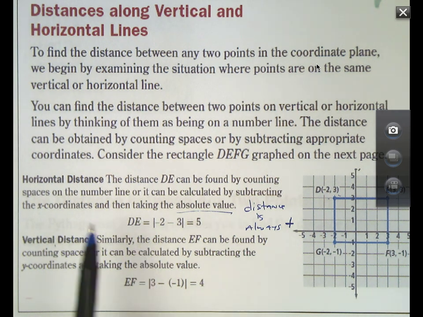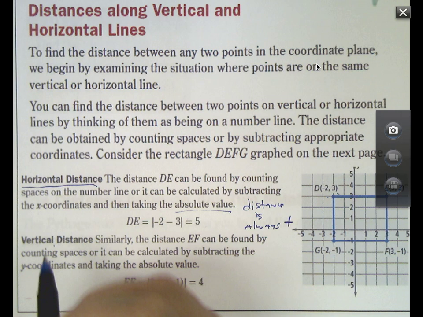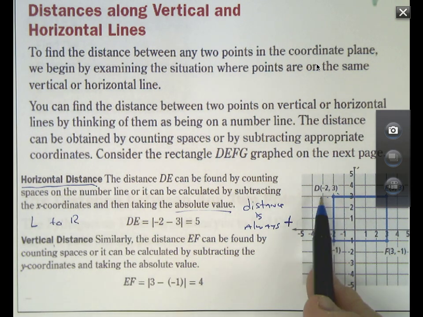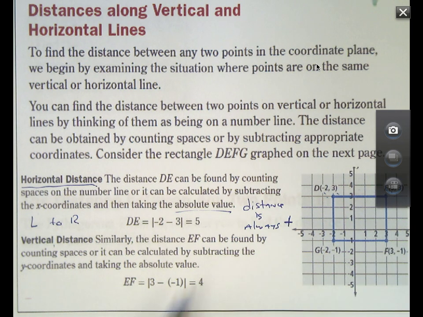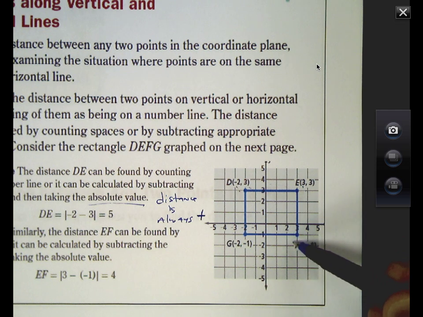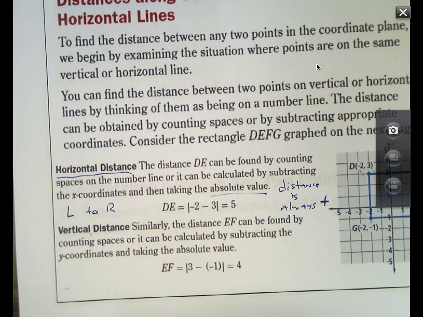Vertical distance. As you should notice from horizontal distance, you go left to right. -2 minus 3. Vertical distance. The distance EF can be found by counting spaces, or it can be calculated by subtracting the y coordinates and taking the absolute value. Okay, so here E to F, you take the y coordinate minus the y coordinate of this one.